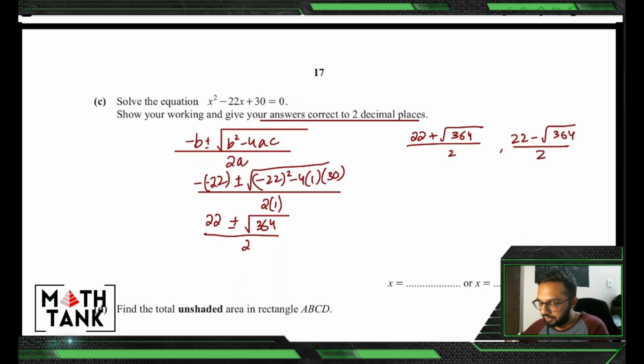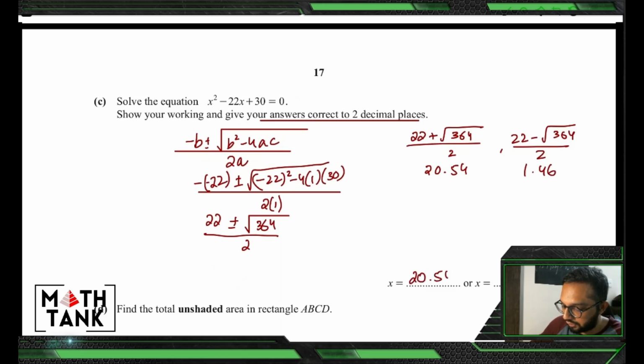Okay, so I'm going to do that. 1 minus 22 and 30 in decimals, that is 20.54 and 1.46. 20.54 and 1.46.